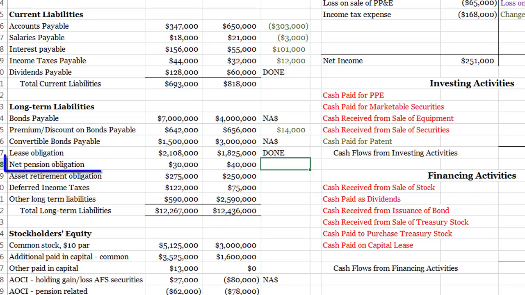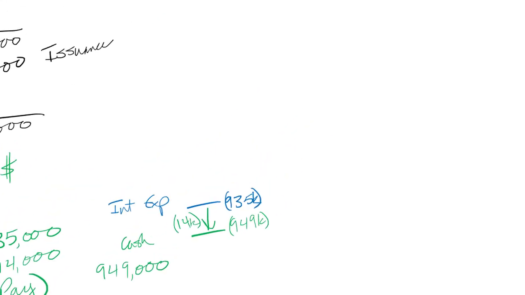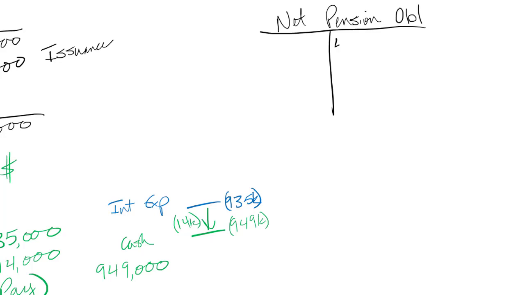Let's see, next is the net pension obligation. Again, I have a memory of doing something with that. So let's take a look at our T account. Net pension obligation, and it started at 40 and it ended at 30.